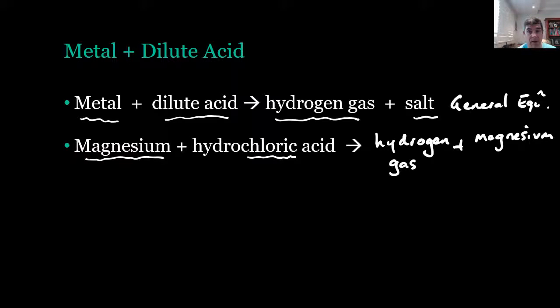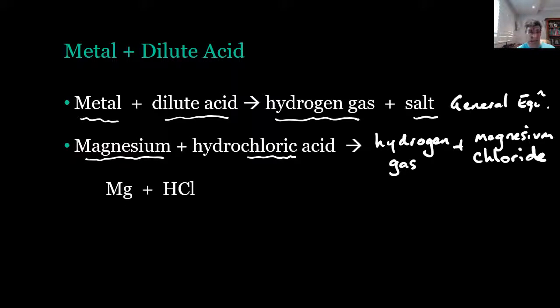And so chloric indicates that this is a chloride. So the specific example of magnesium plus hydrochloric acid would give us hydrogen gas and magnesium chloride.